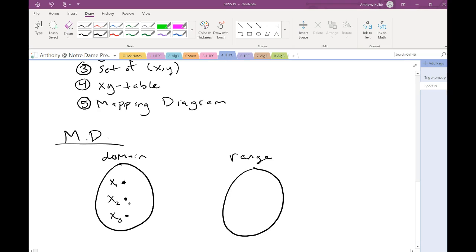I'm going to call the elements in my domain x1, x2, and x3. And similarly for the range, I'm going to call the elements y1, y2, and y3. And for the mapping diagram, we just draw an arrow to show the assignment of x's to y's.